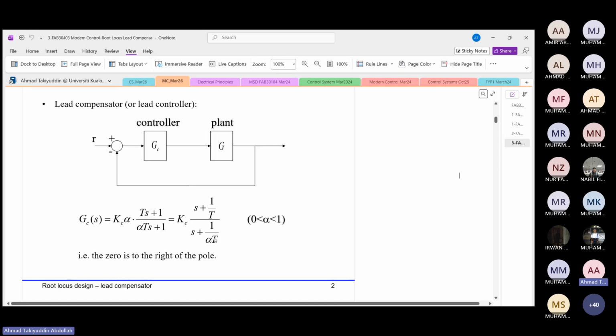As we take alpha to be between 0 and 1, more than 0 and less than 1, this condition on alpha comes with the rule of thumb that the Pc will be greater than Zc.